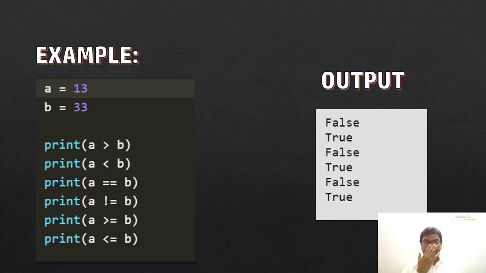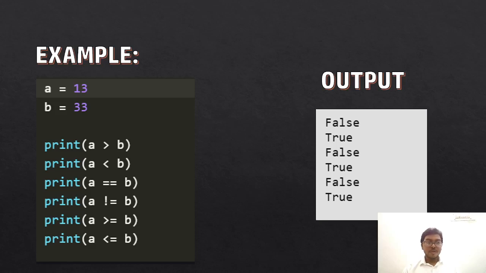Here we have taken an example of 13 and 33. For example, if we ask is A less than B, that means is 13 less than 33.